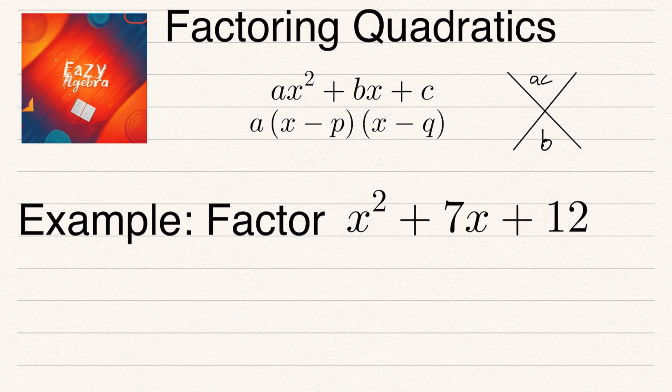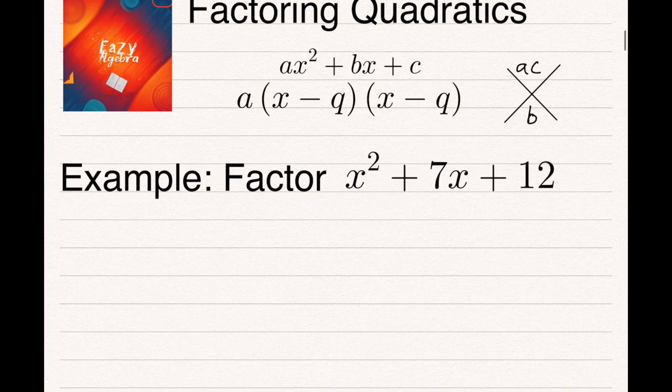So here, let's start by identifying our values. Since nothing is shown here, we could put a 1. So here a is just 1, b is 7, and c is 12.